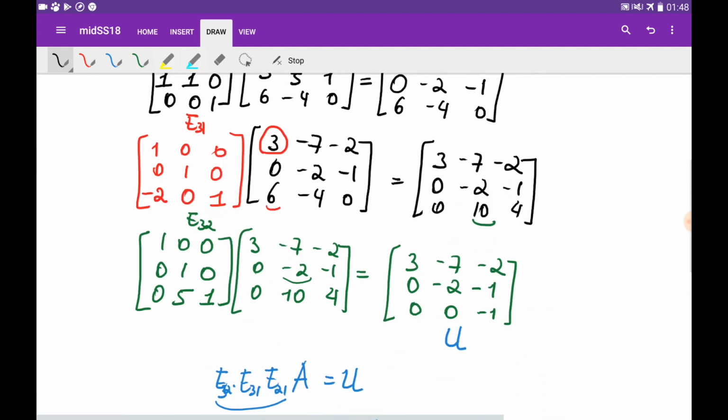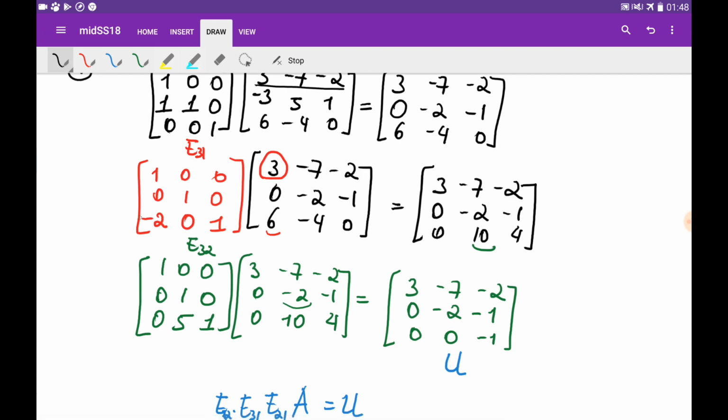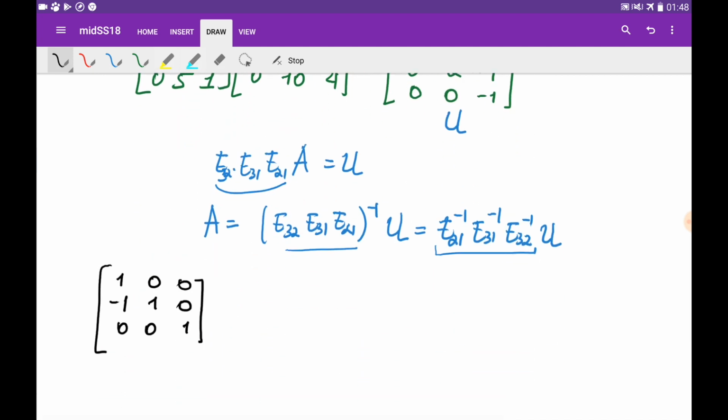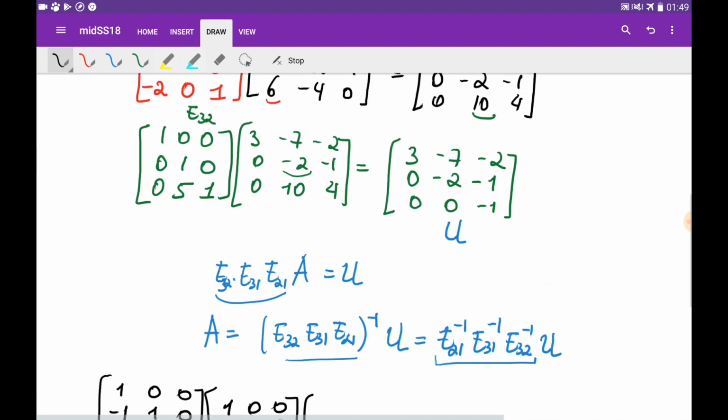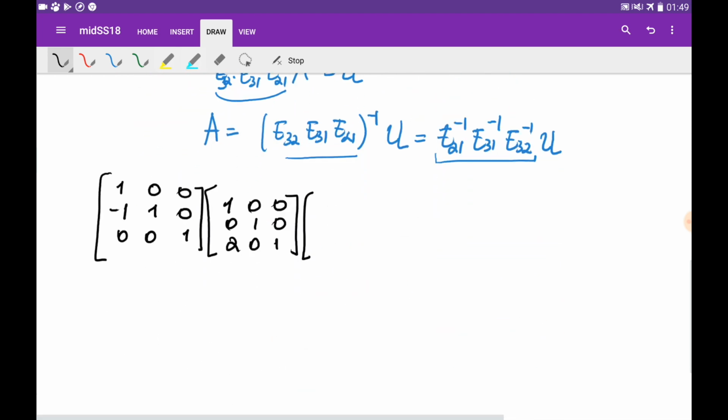The inverse of the E31 is obtained by just changing the sign of this element, which is going to be 1, 0, 0, 0, 1, 0, 2, 0, 1. And the inverse of the E32 is obtained by changing the sign of this element below the diagonal, which is going to be 1, 0, 0, 0, 1, 0, 0, minus 5, and 1.